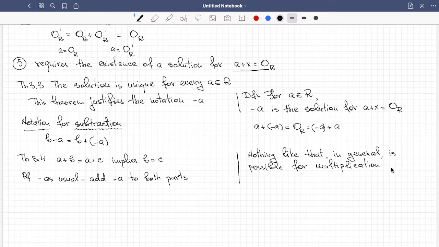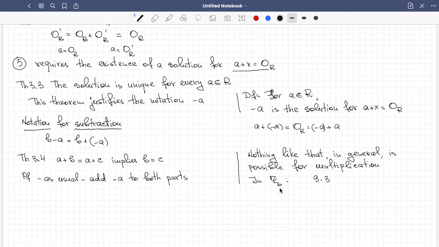Indeed, as an example, in Z mod 6, you have that 9 times 3 is 27.